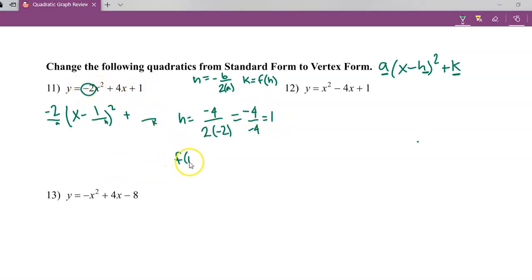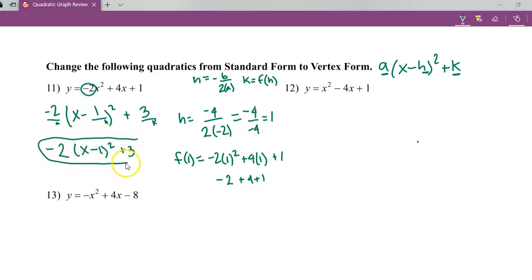So f of 1 would be equal to negative 2 times 1 squared plus 4 times 1 plus 1. Remember, always square here before you multiply by the number out front. So this would just be 1 times negative 2 plus 4 plus 1, which gives me 3. So negative 2 times x minus 1 squared plus 3 is the vertex form of the same equation here. I could put y equals out front.